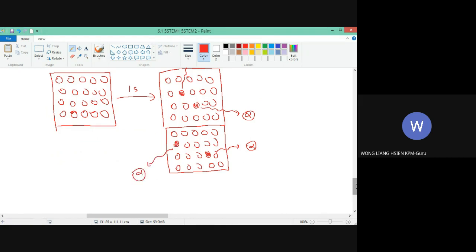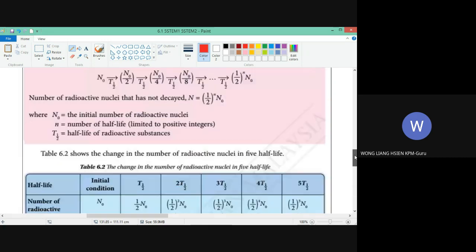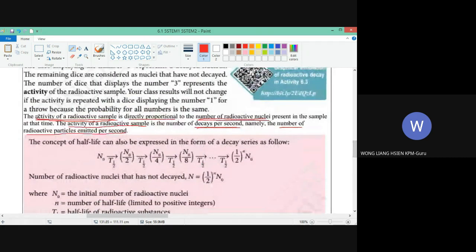So if the number of unstable nuclei is more, then the activity will be higher. Get the idea. So that's why it says that activity of a radioactive sample is directly proportional to number of radioactive nuclei present in the sample. It depends on the number of radioactive nuclei present in the sample.